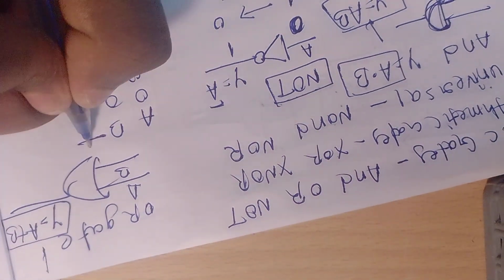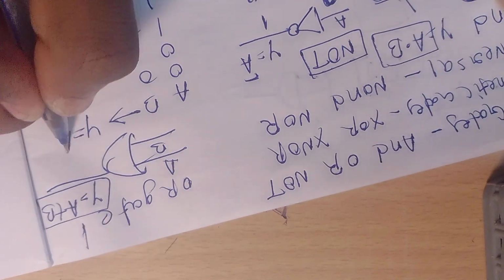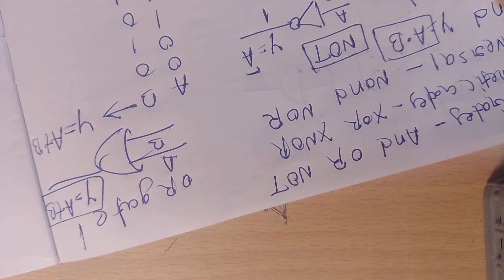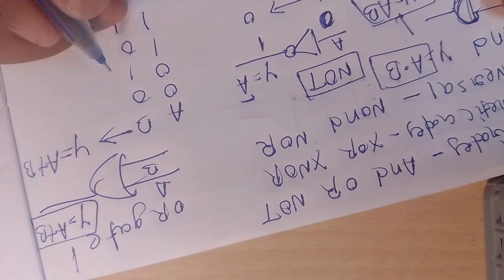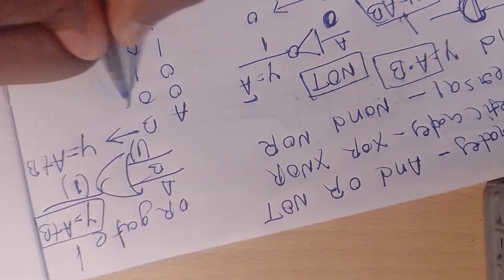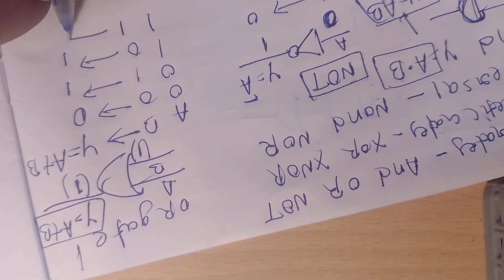In our operation, y equals a plus b. If one of the inputs a or b is 1, then the output is going to be 1. So the outputs are 0, 1, 1, 1.